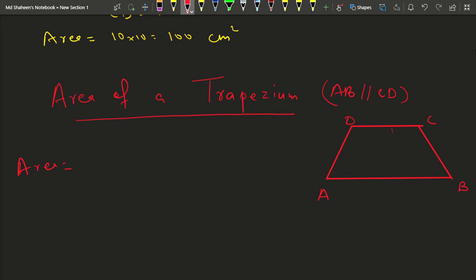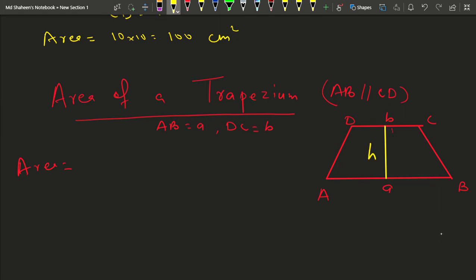So let's say AB is a units and DC is b units, and the distance between these two parallel lines is h.